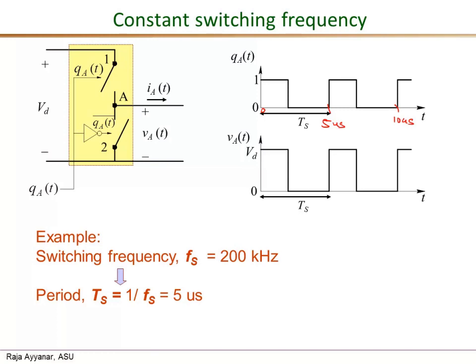In the first switching period, from 0 to 5 microseconds, the switching signal Q is 1 for this amount of time. During that interval, the pole bipositional switch output voltage VA is equal to V sub D, and for the remainder of the period Ts, Q is 0, and therefore VA is also 0 in that interval.